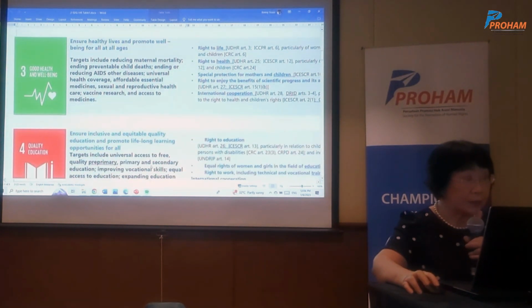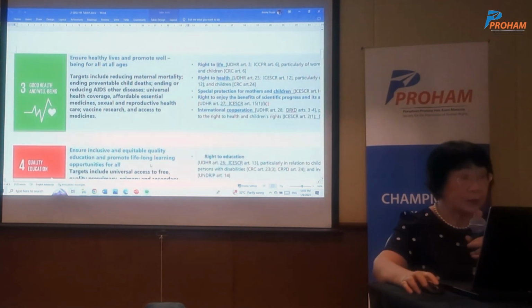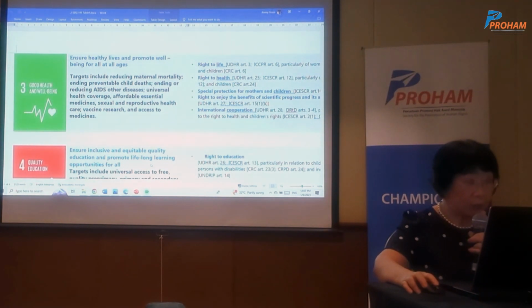SDG 3 is to ensure healthy lives and promote well-being at all ages. The targets include reducing maternal mortality, ending preventable child deaths, ending AIDS and other diseases, health coverage, affordable essential medicines, sexual and reproductive health care, vaccine research and access to medicines.